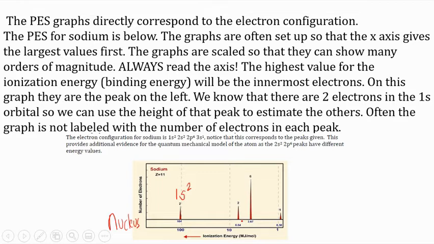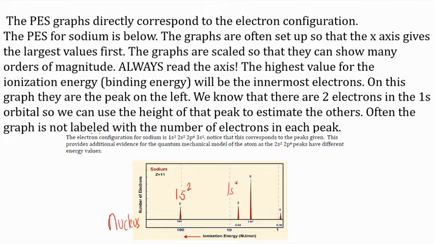Now she's holding the hand. It's easier for that toddler to get away, but it's still close. That is your 2s level. Now you're going off to kindergarten. Does mom have as much control over you when you're miles away? No. So the further you get away, the less pull or less force there is on those electrons.